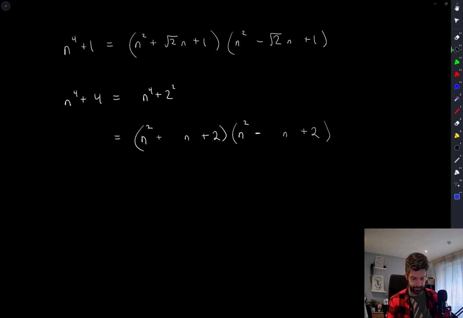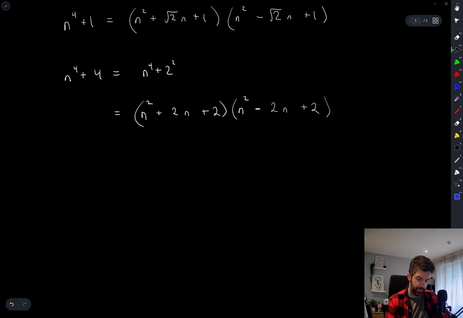Or, okay, what happens if I put a root 2? This should not work. N to the 4, those will cancel. N squared plus 2, n squared plus 2, that gives me 4n squared. No, so it's going to be 2. It's going to be like this.